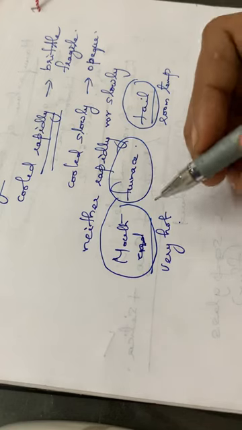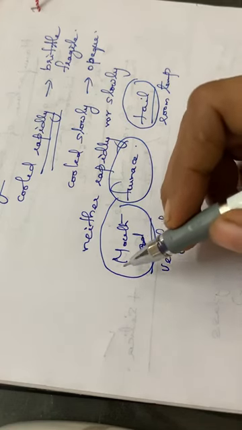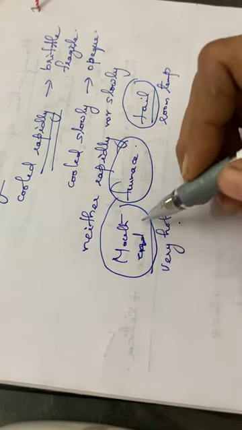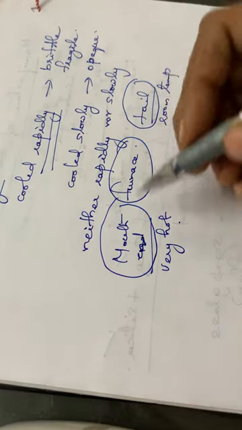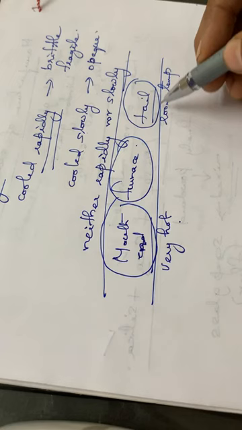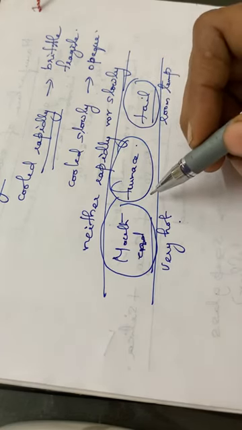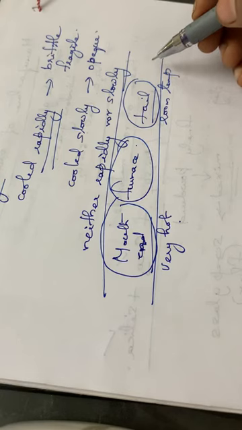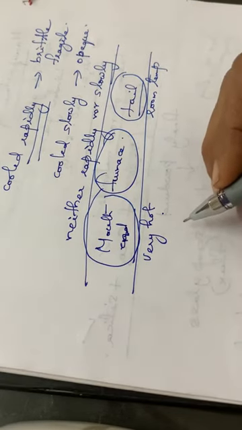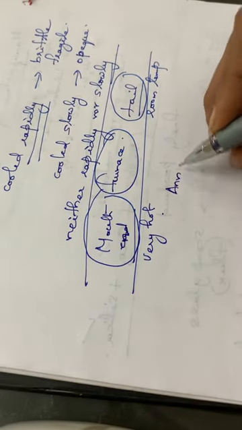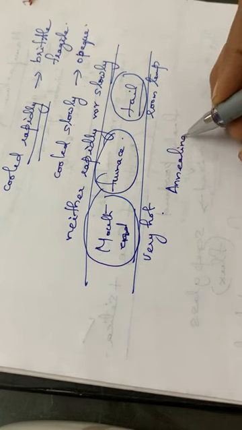So what happens is that when the article is passed through this tunnel, it is cooled gradually. It will be slowly cooled while passing through this passage, and this process of cooling of the glass is called annealing.